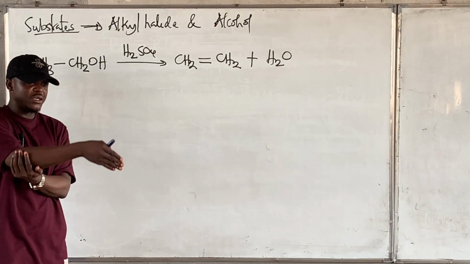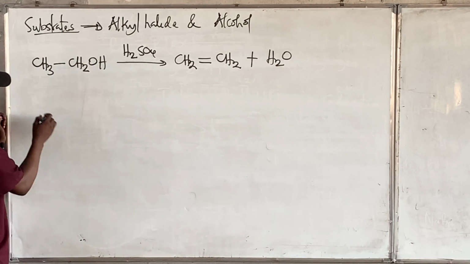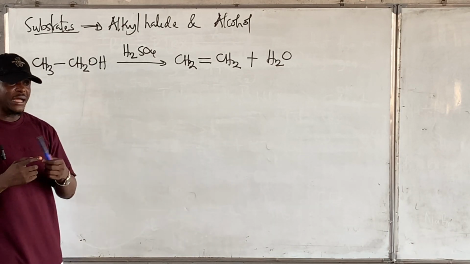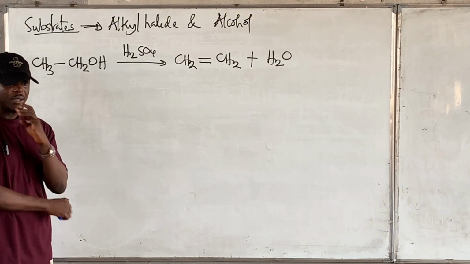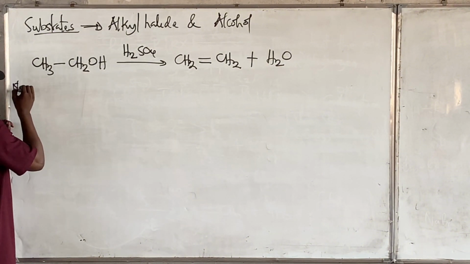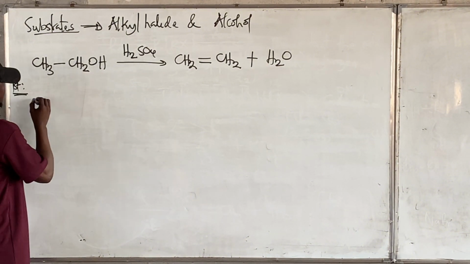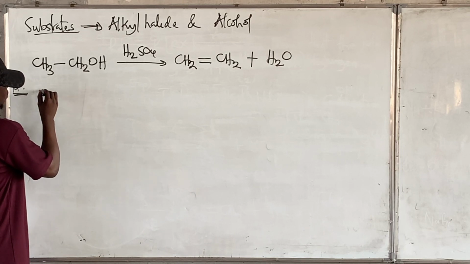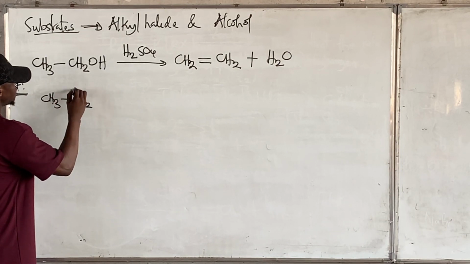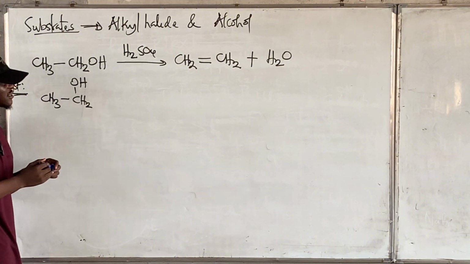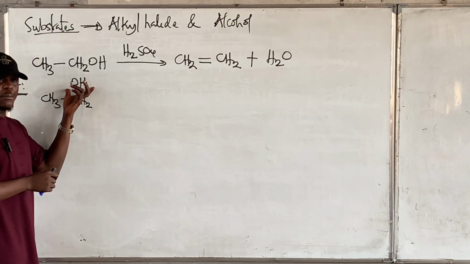Remember I told us how a poor leaving group is handled. Then you need to do something. So this is what we are going to do. I told us that E1 is how many steps? Two. But this one is going to give us three steps. So for here, since this is a substrate, we have CH3, CH2, OH. Class, OH is a poor leaving group.